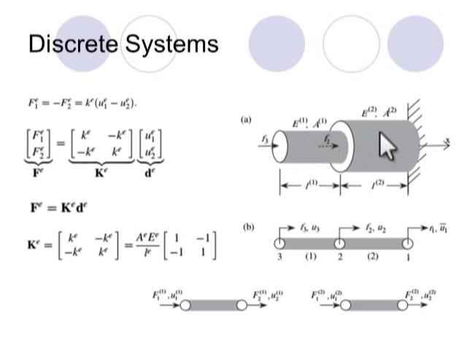Then what we do is we divide the system into elements depending on their properties. Generally we divide in such a manner that each element has constant properties.